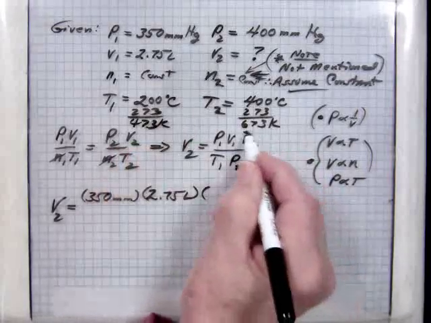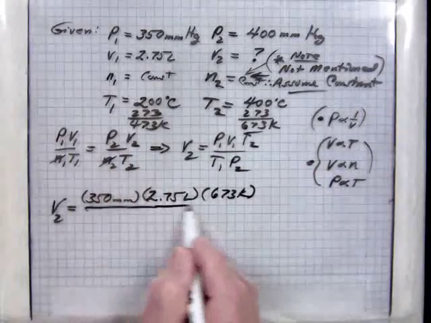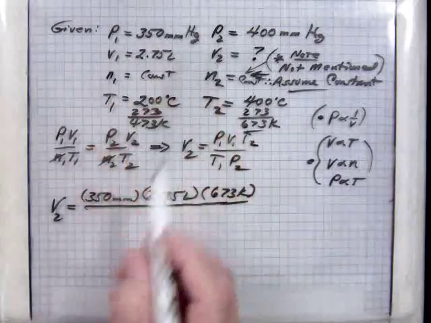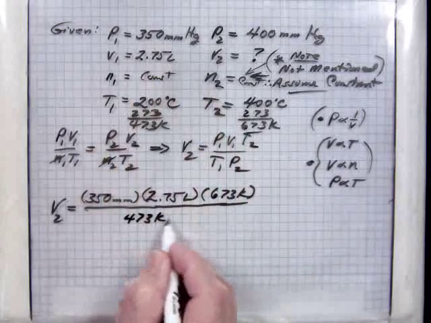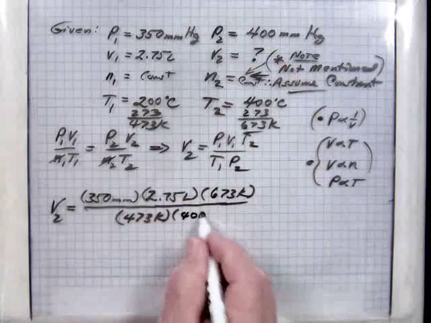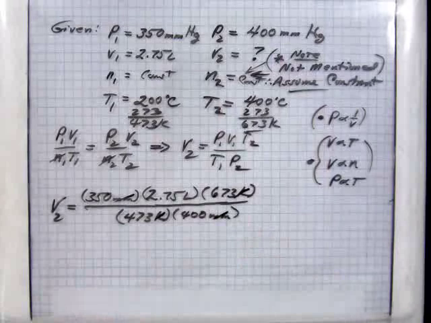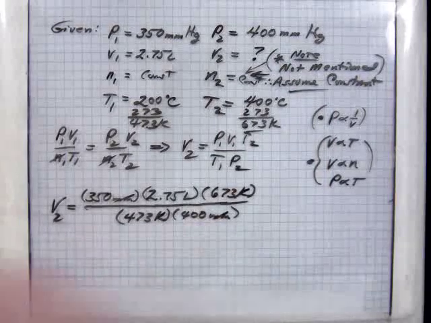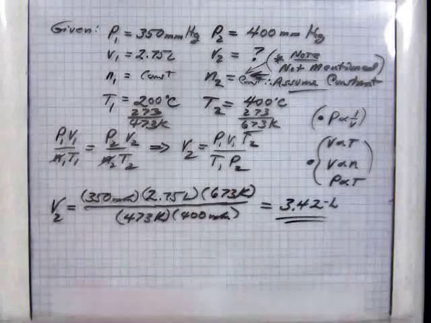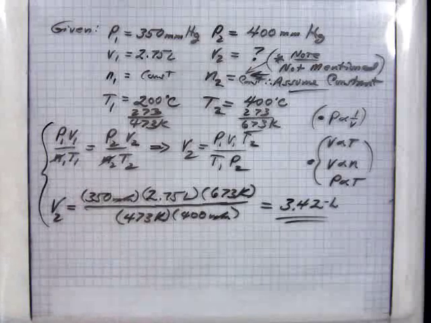So I want to use 673 Kelvin there, and underline all of that. And then I'm going to look for T1, so I'll come up here to 473 Kelvin. And P2 is 400 millimeters. So I can go through and cancel temperature and pressure, and the only unit left is, of course, liters. And so I get 3.42 liters. Pretty straightforward in solving that. Everybody follow me on that?